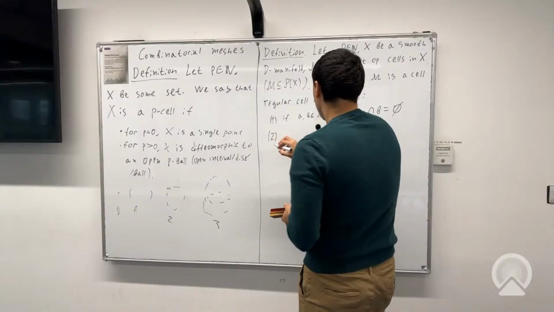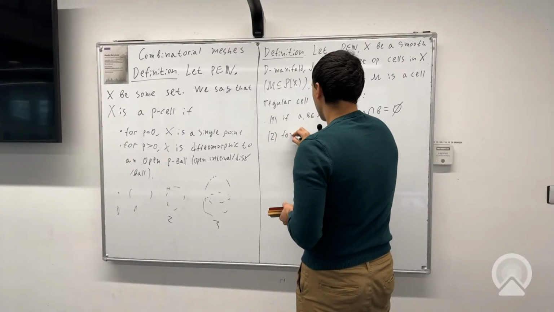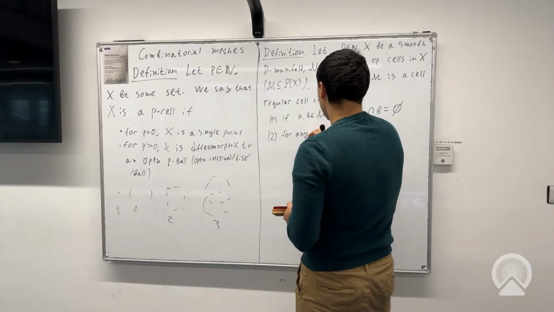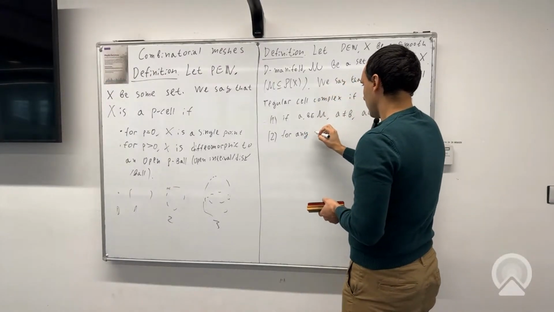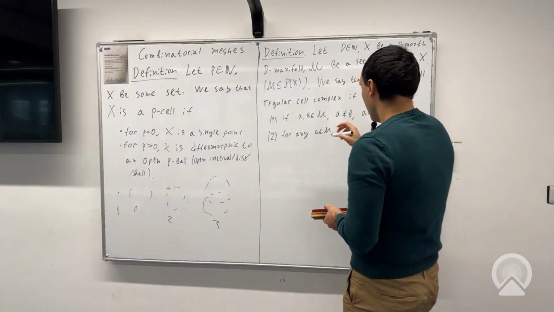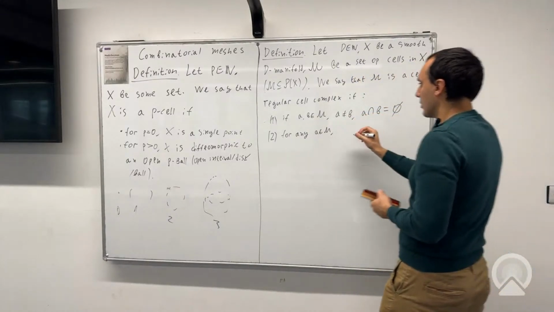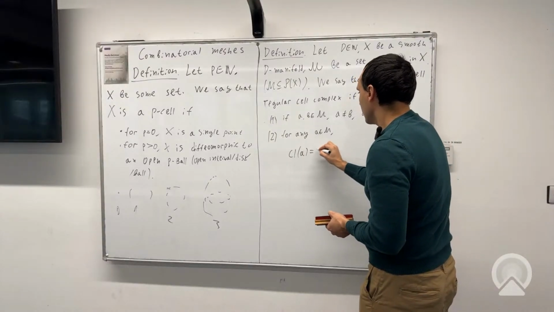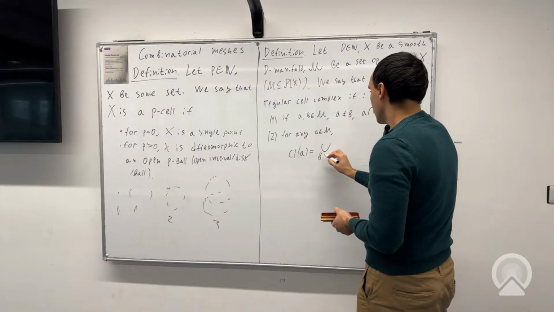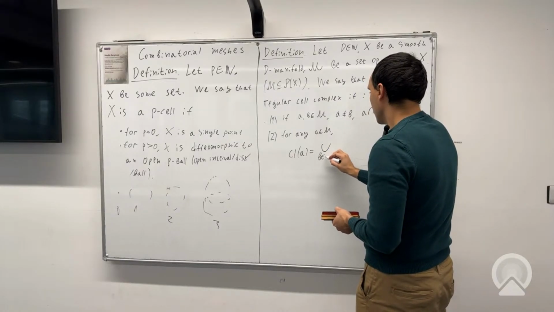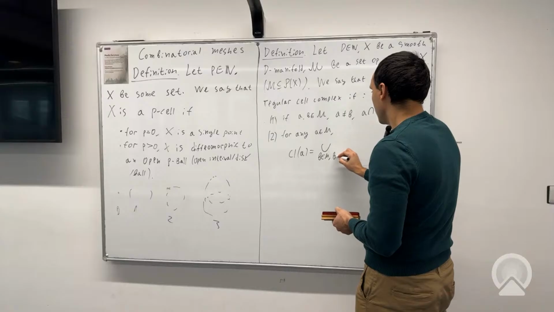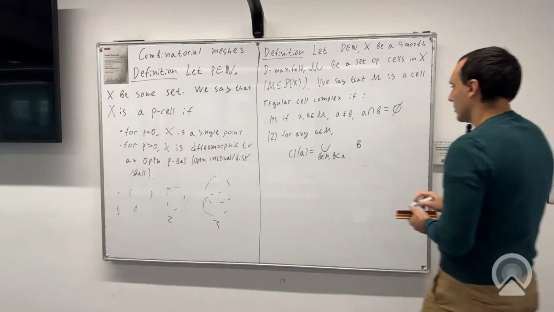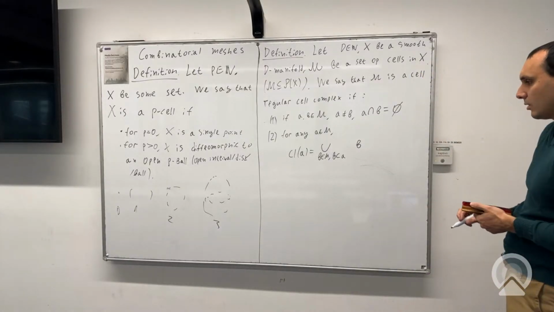And two, for any A in M, the closure of A is the union of all sets B in M such that B is smaller than A. So this is this union here.